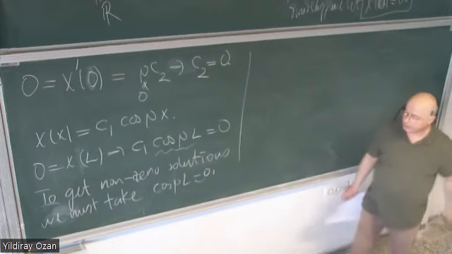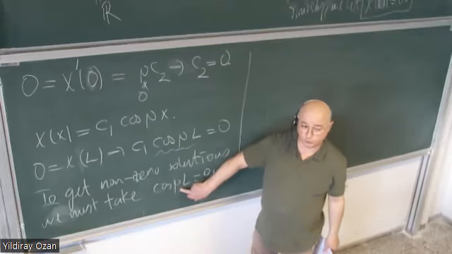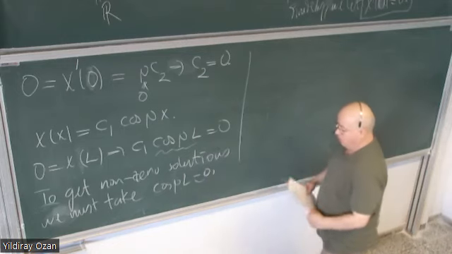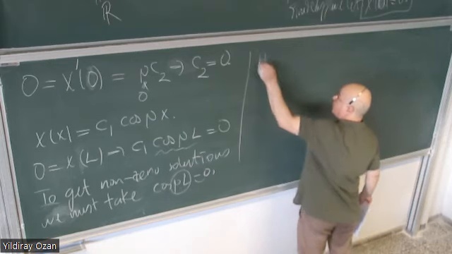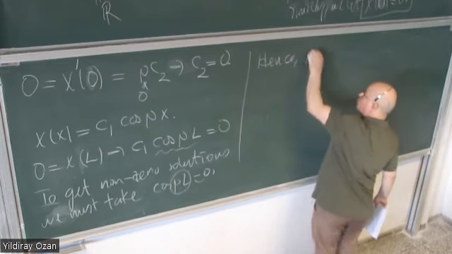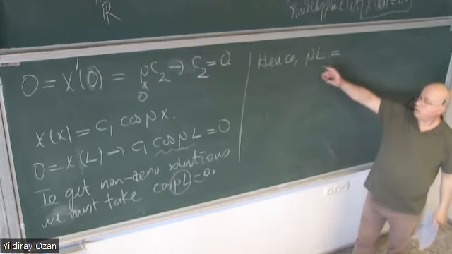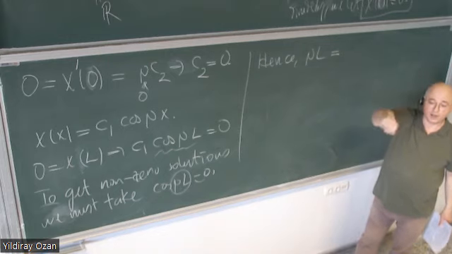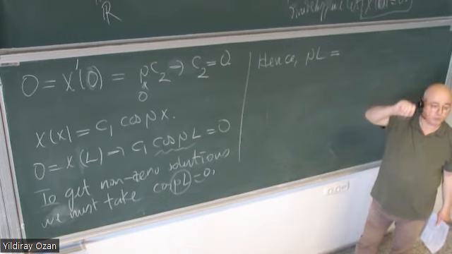Now let's look at cosine mu L. This real number mu should be such that cosine of mu L is 0. Well, that means what? Mu L should be what? Cosine is 0 at odd multiples of pi over 2, right? It is 0 at pi over 2, 3 pi over 2, 5 pi over 2, and so on.